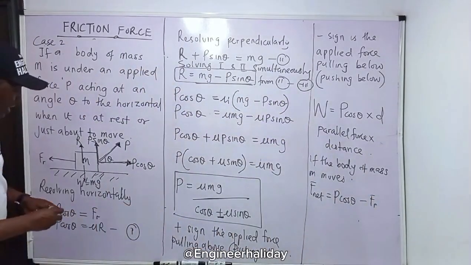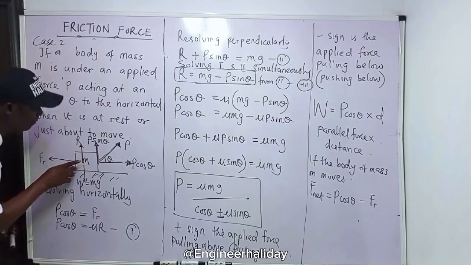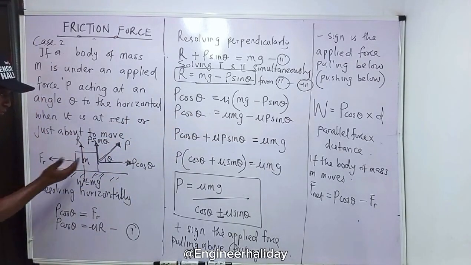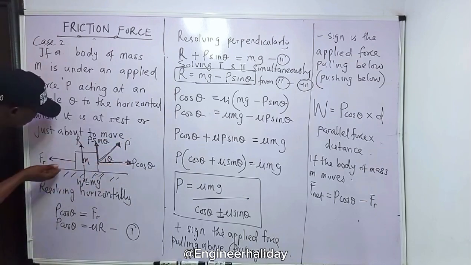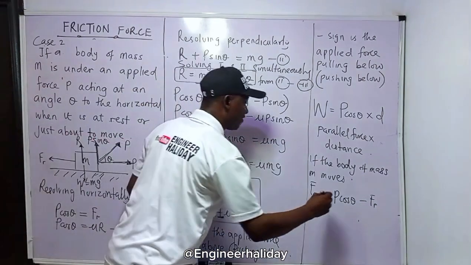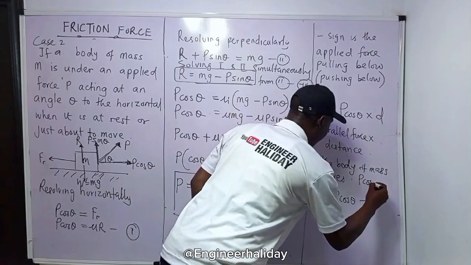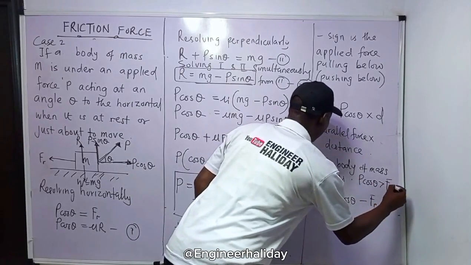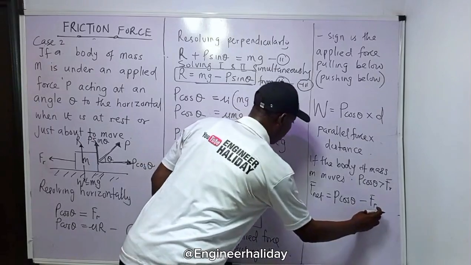What I'm trying to say is that if this body of mass m moves forward by this force applied at an angle theta, that means this one is bigger than this. That is the case where P cos theta is greater than friction. So the net force becomes this.